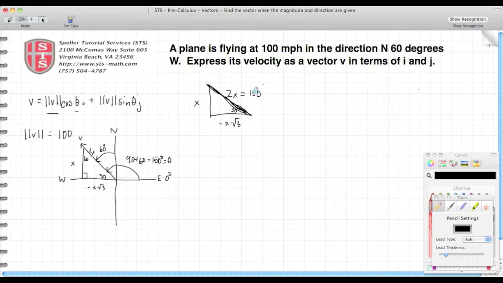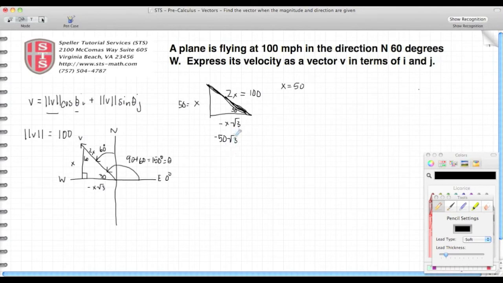So here we can set 2x equal to 100, and when we solve for x, we see that x is equal to 50. So now that we know x is 50, we can substitute that into both of these expressions here. So this length is 50, and this length here is negative 50 root 3.